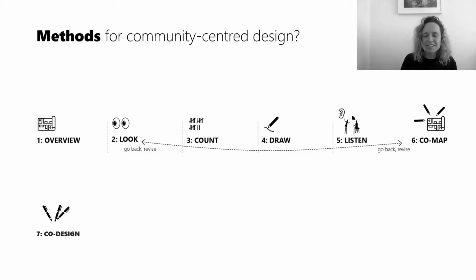So we've talked about this idea of having the overview of the street, of looking, of counting, of drawing, of listening, of co-mapping, and going back and forth between all of those again and again, and using all of this as the basis to co-design.